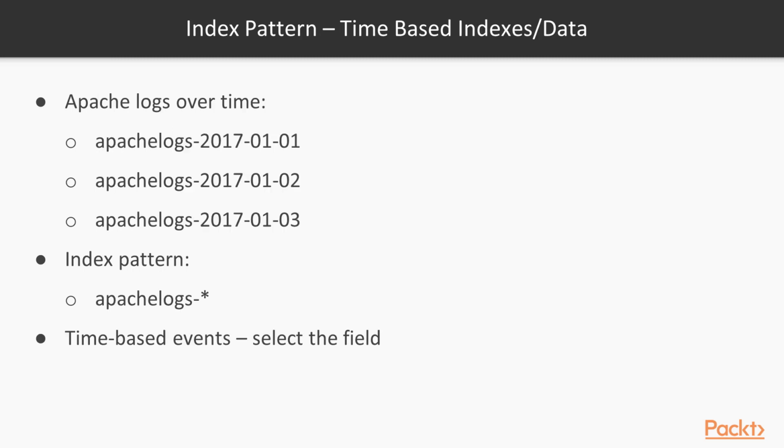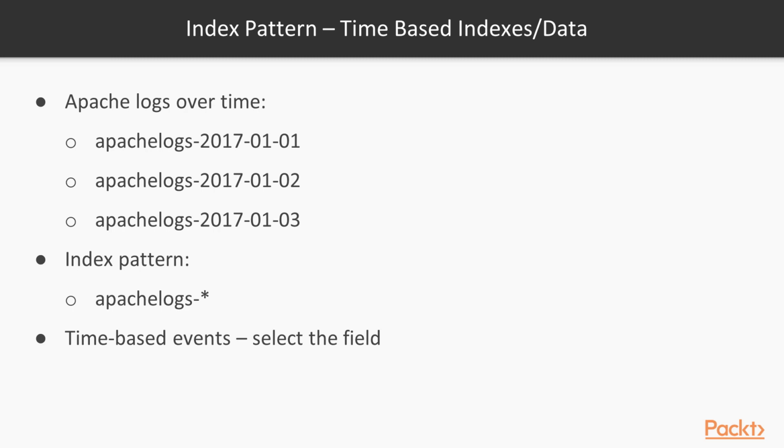Where this really gets good is when we start talking about time-based indexes. So imagine we have Apache logs. The Apache logs are from a web server that you have running in your enterprise or in your open source tool that you host. We could have a daily index for those Apache logs.